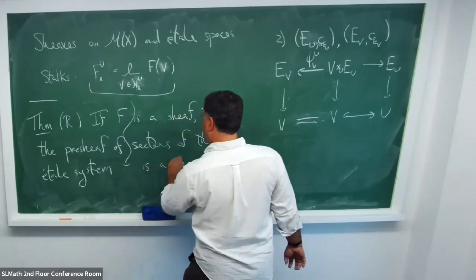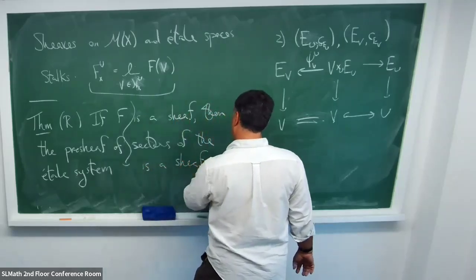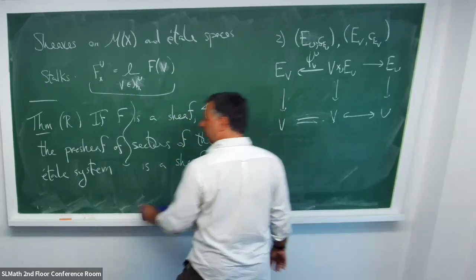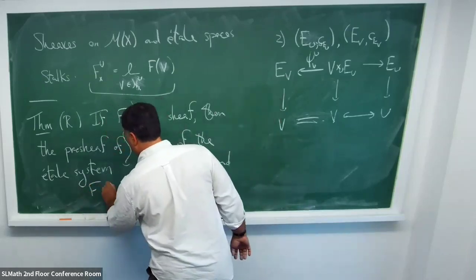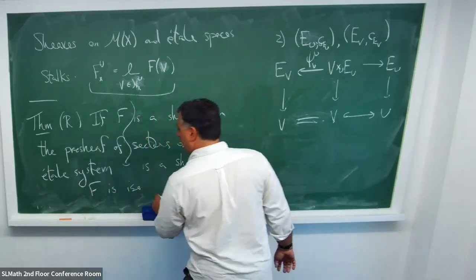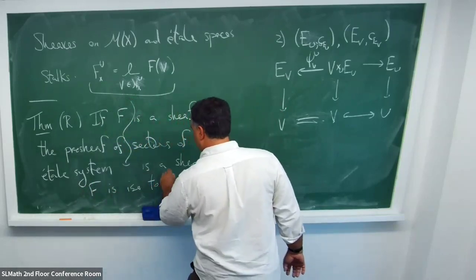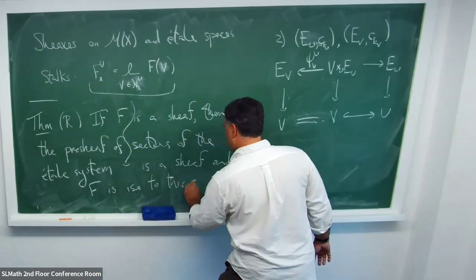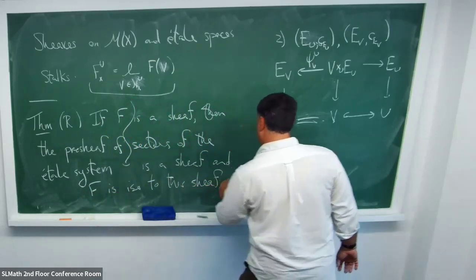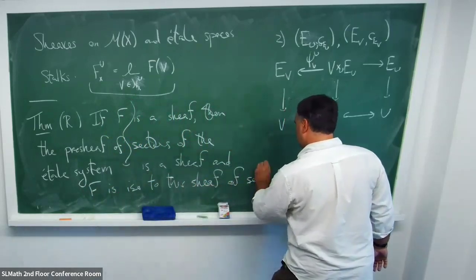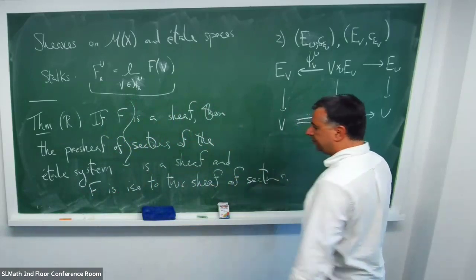And like this, here's the sheaf, and F is isomorphic to the sheaf of sections.